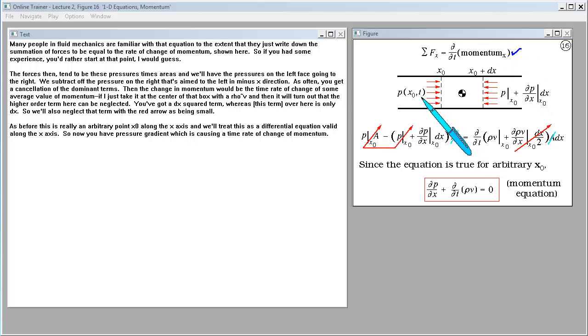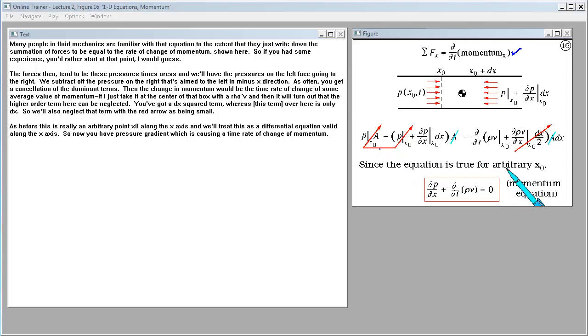The forces then tend to be these pressures times areas, and you'll have the pressure on the left face pointing to the right. We subtract off the pressure on the right that's aimed to the left in the minus x direction. As often, you get a cancellation of the dominant terms.